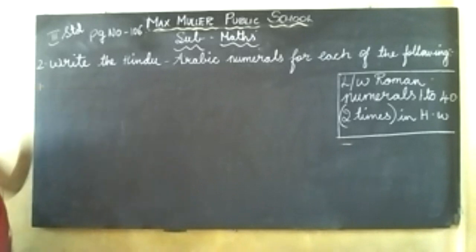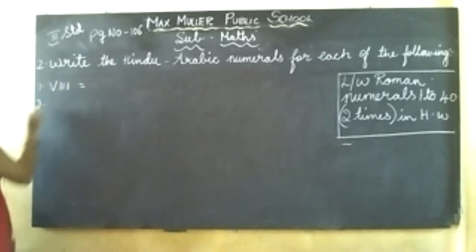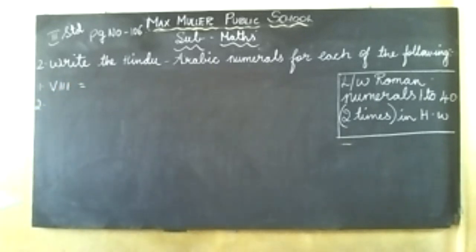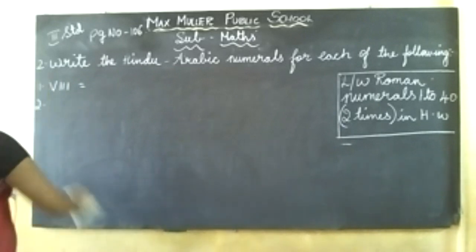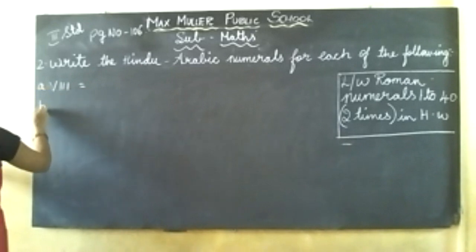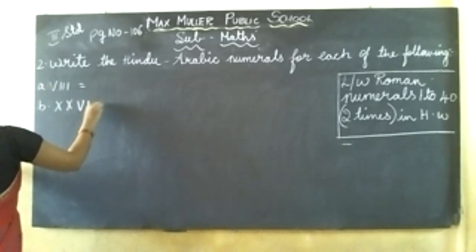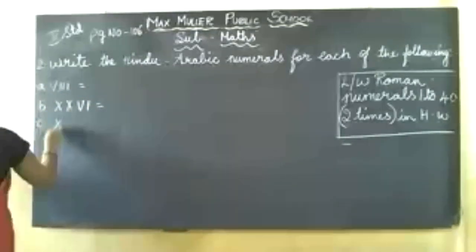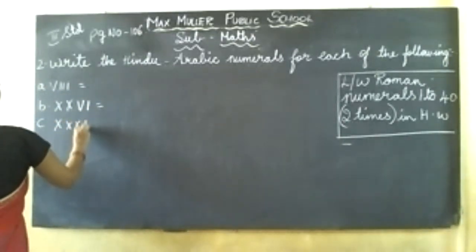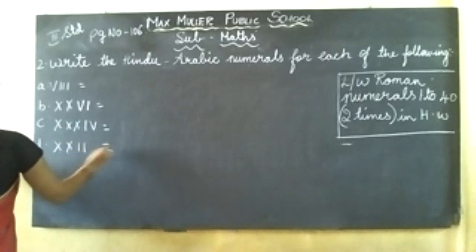So first one, V, 3 lines they have drawn. Second one, X X V I, C X X X I V, D X X, 2 lines.